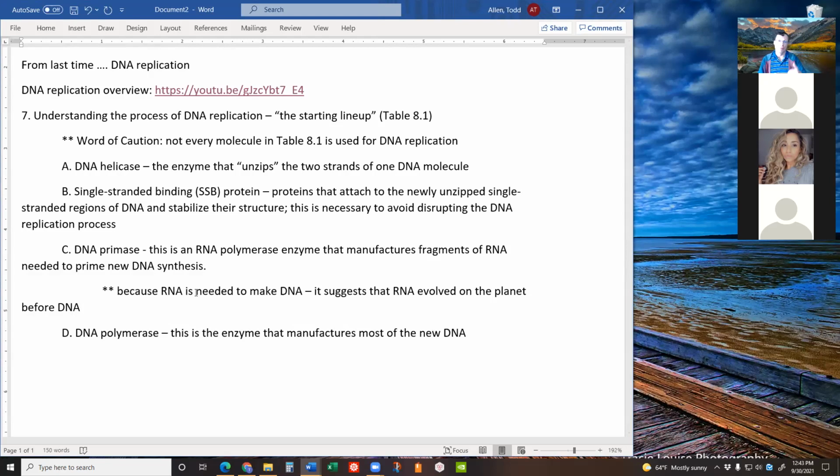Truth be told, there are multiple versions of DNA polymerase present, even in a single bacterial cell like E. coli. We're not going to get into all the different versions. That's too much right now. But suffice it to say, DNA polymerase is the enzyme that makes the new DNA. Folks, do you have any questions about the starting lineup, the molecules involved in DNA replication?